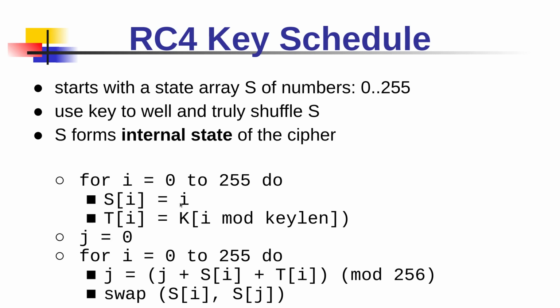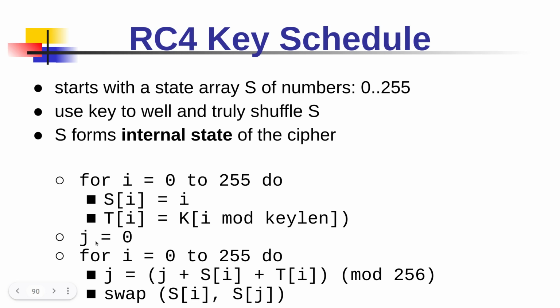Depending on the current value of i, T[i] is calculated, which is equal to K[i mod K length]. So if the key length is 8, it will be i mod 8, and then K[i mod 8] is assigned to T[i]. So the ith key will be this T[i].